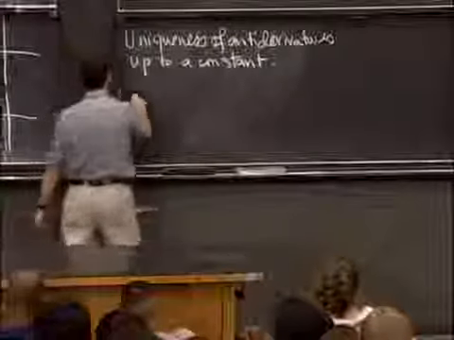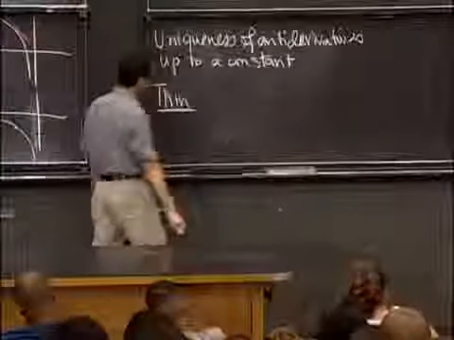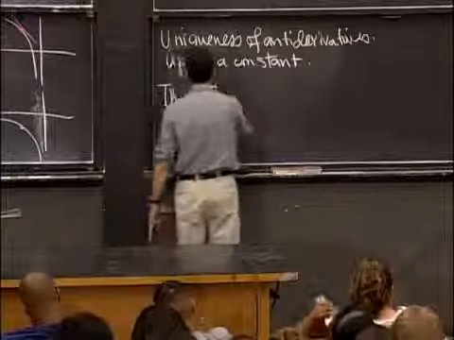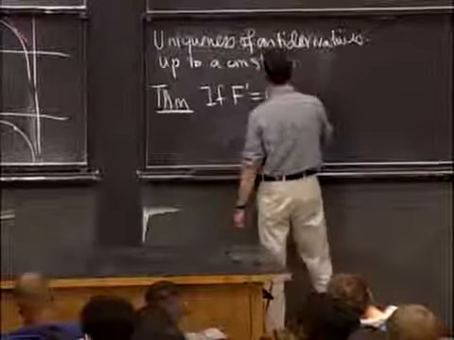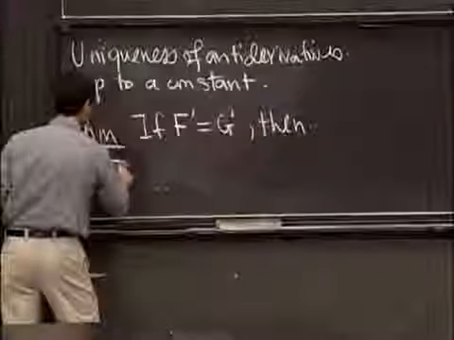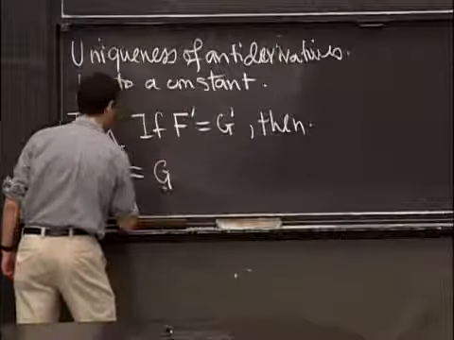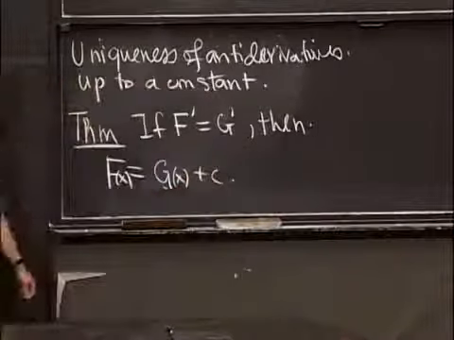The theorem is the following. If f prime equals g prime, then f equals g plus a constant, so f of x equals g of x plus a constant.